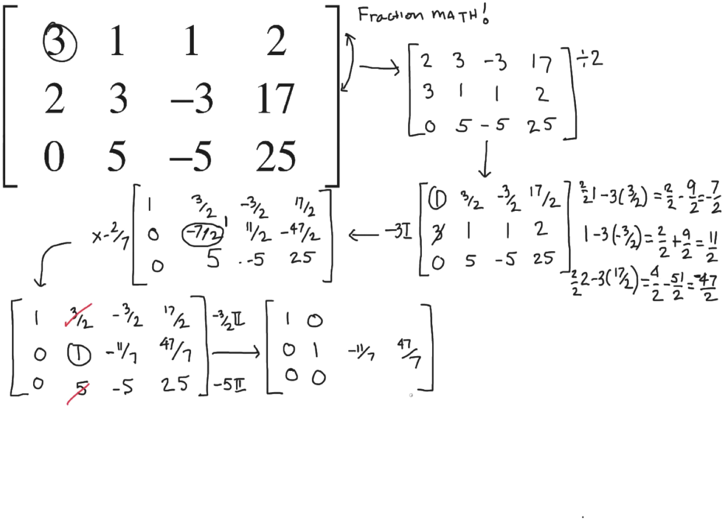Okay. Now, we've got this so far. Okay, so we've got minus 3 halves. Let's go do the math here. Minus 3 halves. We're looking at this guy here. Okay, and then we say minus 3 halves times row 2.